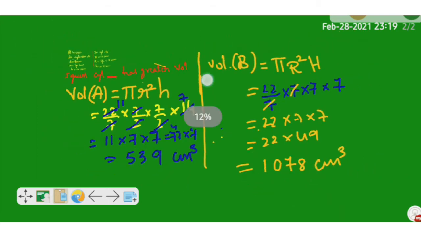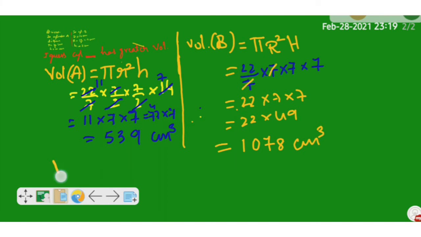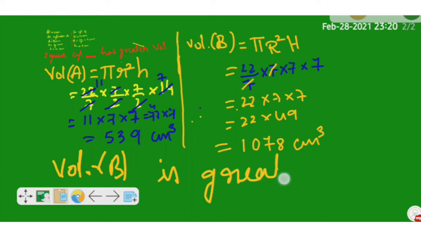So clearly here the volume of cylinder B is greater, right? Volume of B is greater. After this we also have to find the surface area, and check whether the surface area of cylinder B is greater or not.